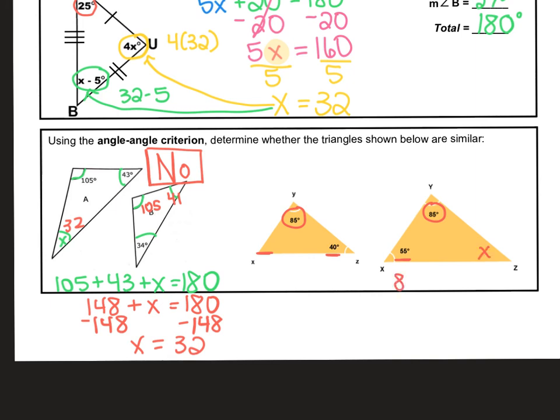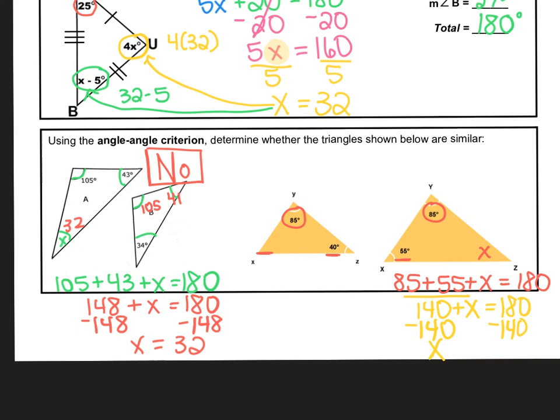I'm going to do the same thing again. 85 plus 55 plus X should equal 180. And if they are similar triangles, I should get 40 for my answer. So I'm going to go ahead and add those up. I get 140 plus X equals 180. Subtract 140.